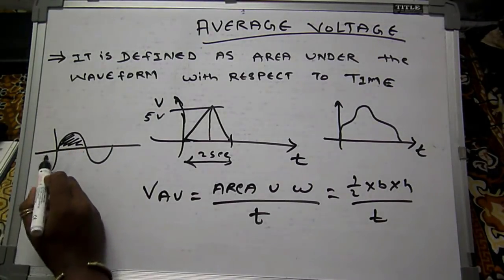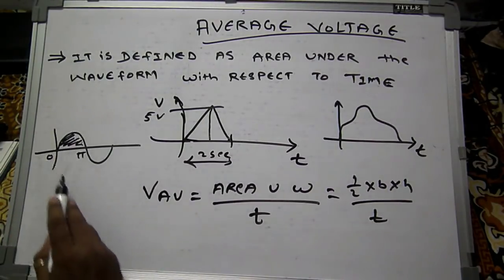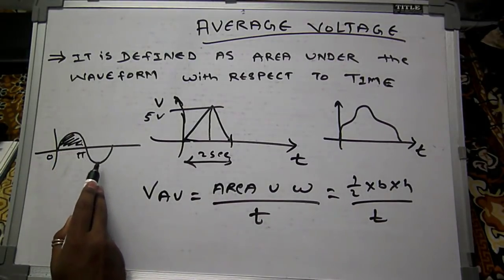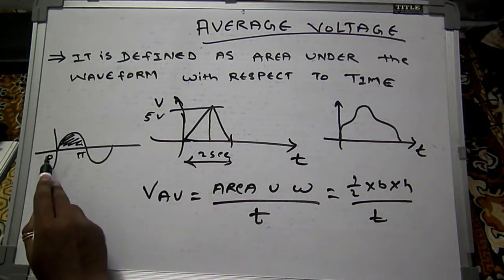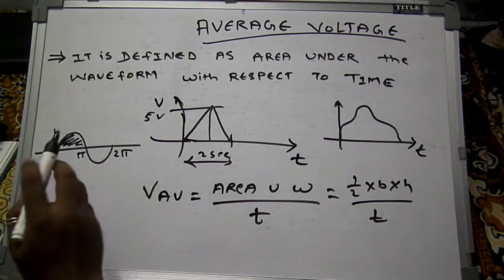Integrating from 0 to pi, we can find the value of this. Then if we want to calculate the average value of the whole waveform, we have to take limits from 0 to 2 pi, as this full wave is of 2 pi.